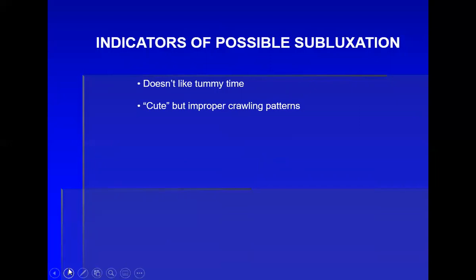When they start to crawl, I don't know how many of you have seen these babies that do a really cute crawl pattern, but it's wrong. It's not a normal thing. It indicates that there are some problems happening either in the baby's hips or some neurological patterns that are not happening correctly.